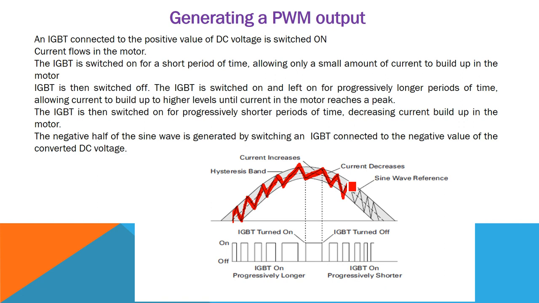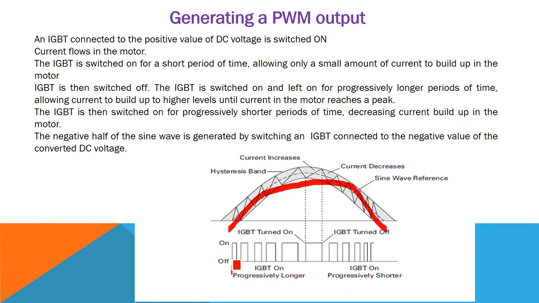So this is the actual current being fed to the motor, where the dotted line is a sine wave reference, and the changes in current in the inverter part are known as the hysteresis band. And the switching on mechanism you will be able to see, for the sine wave to happen, the switching time.